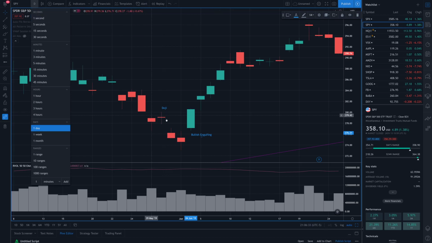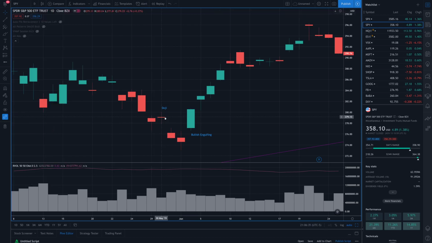When it opens and closes at the same price, it shows that the buyers and sellers in the market are very equal, and there's not really a decision to be made on either side, which can signify, depending on what color the candle ends up being, a reversal.